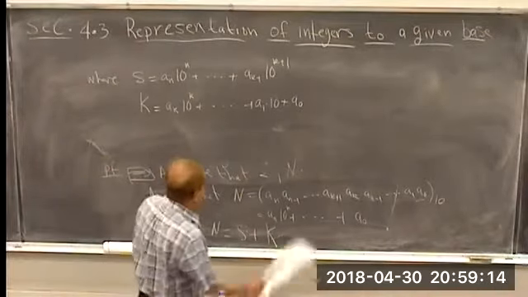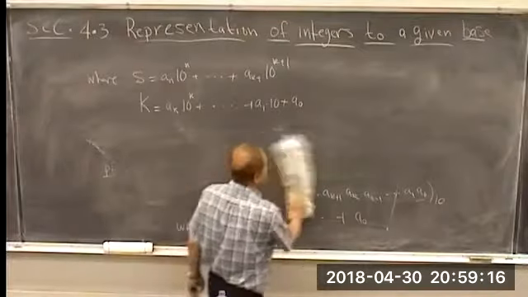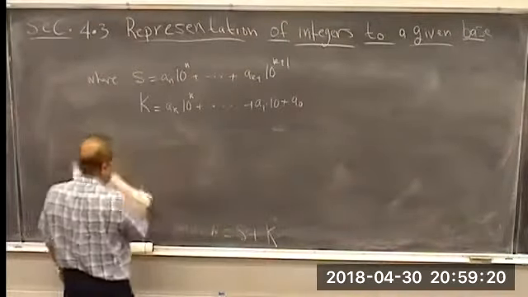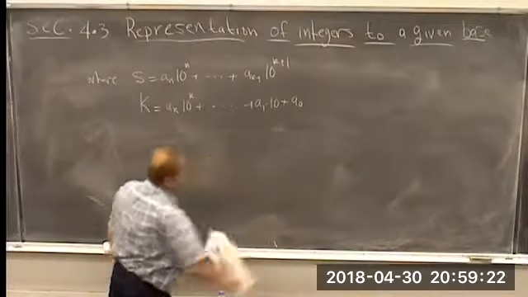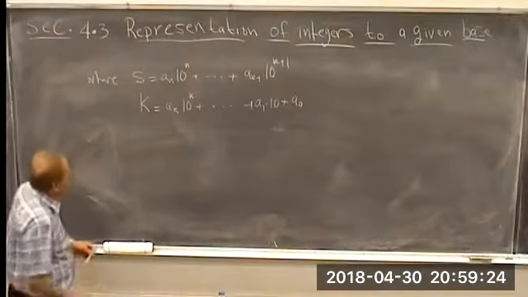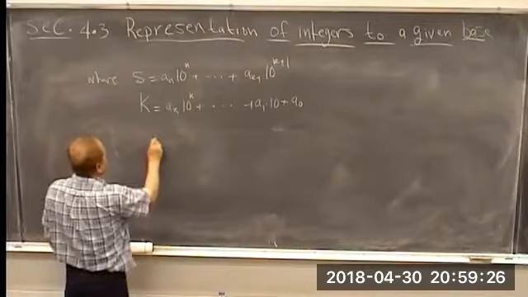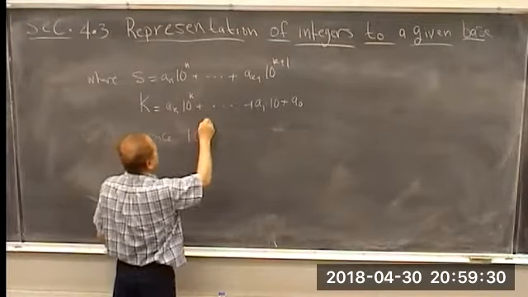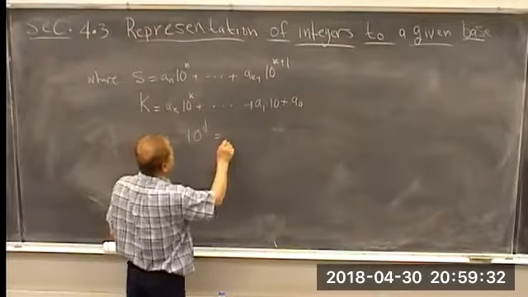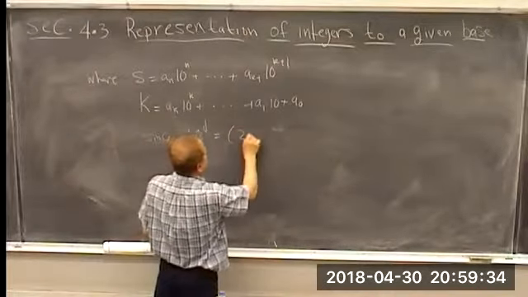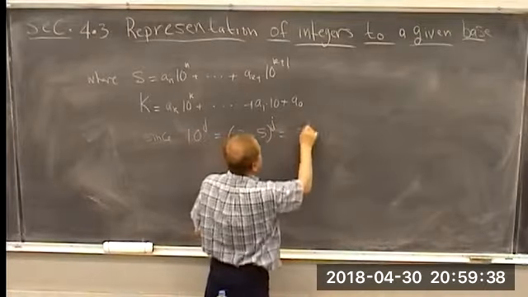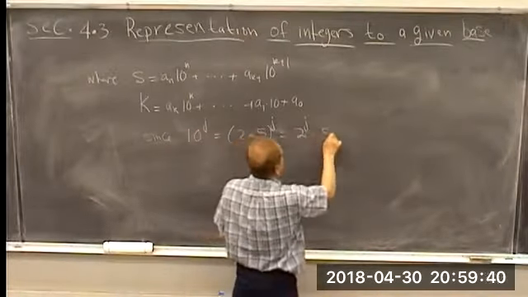we have the 10, because all these are powers of 10, right? So we have, since 10 to the j is equal to 2 to the j multiplied by 5 to the j.